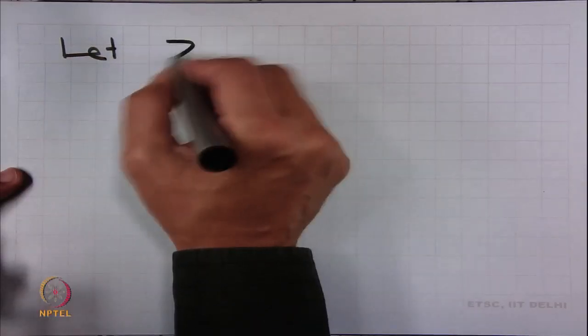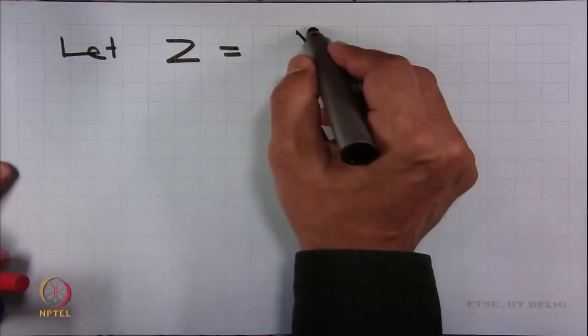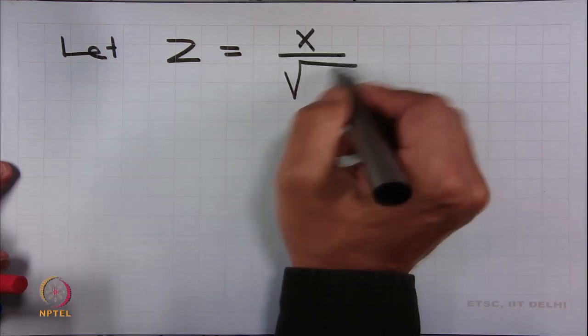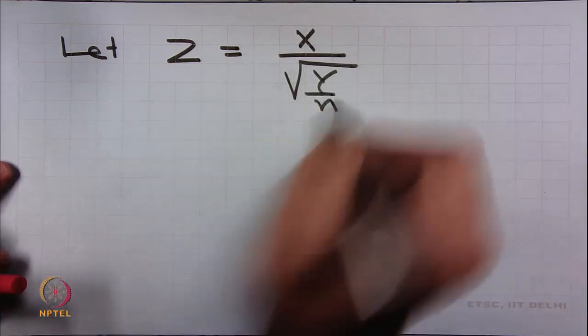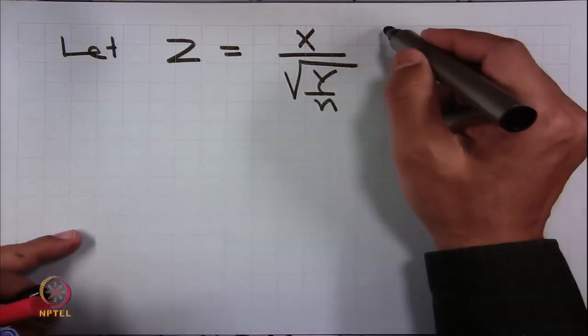So, let z be equal to x upon root over y by n. Note that this is our variable of interest.